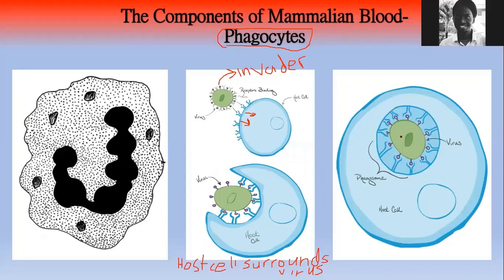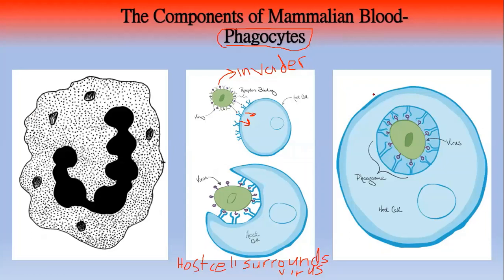When the virus is completely surrounded, you get what is called a phagosome being formed on the inside of the host cell, with the virus in the middle of it. And the cell would then secrete enzymes to destroy the virus on the inside.